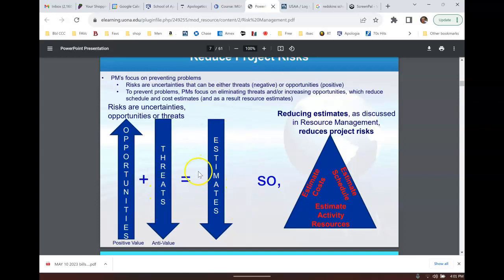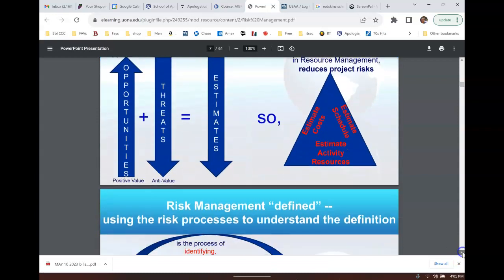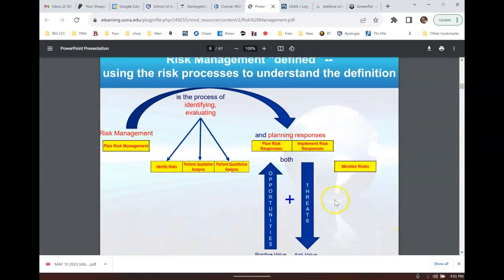And all of those tie into our estimates as I try and balance the triple constraint: cost, schedule, and scope among resources.